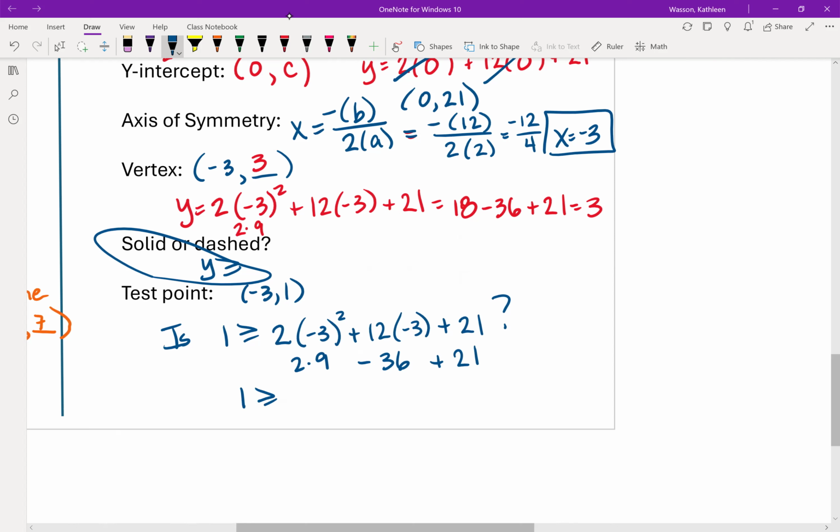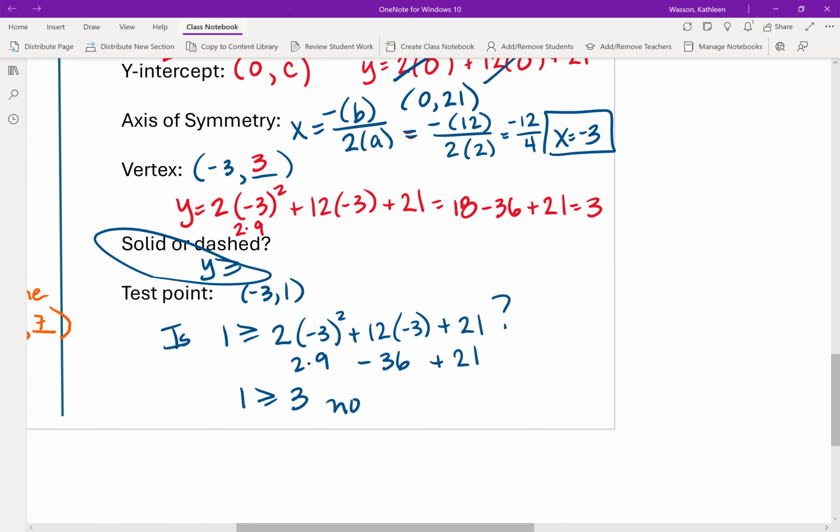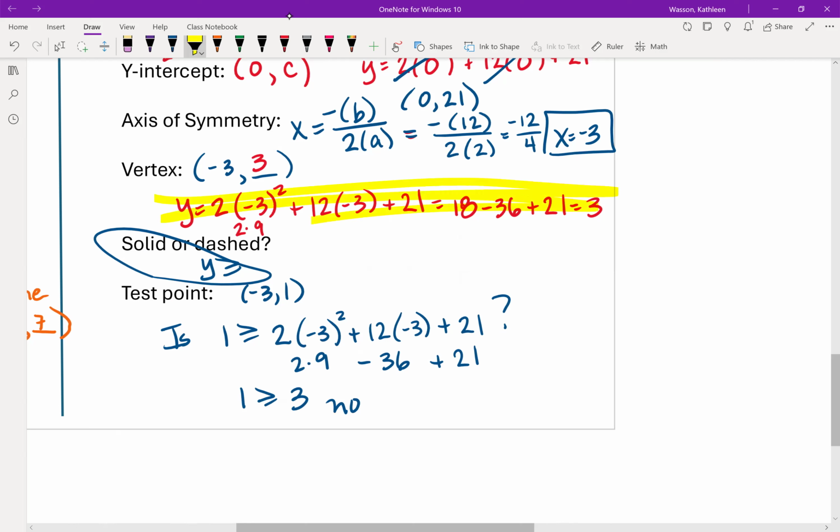Is 1 greater than or equal to 3? No. You see what I'm referring to? We just did this calculation up here where x is -3, but I chose a different y. So I already know it's 3. 1 is not greater than or equal to 3, so you don't shade on that side.